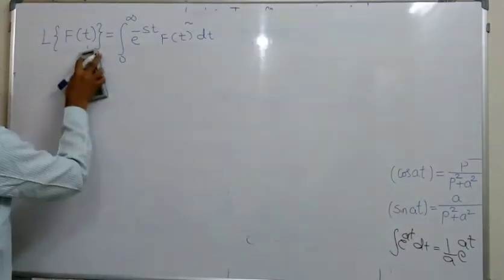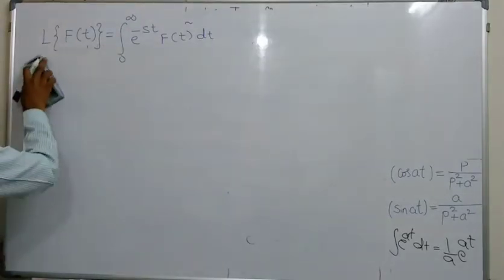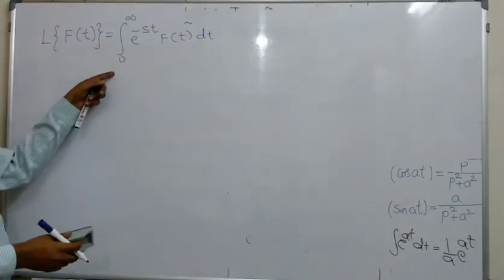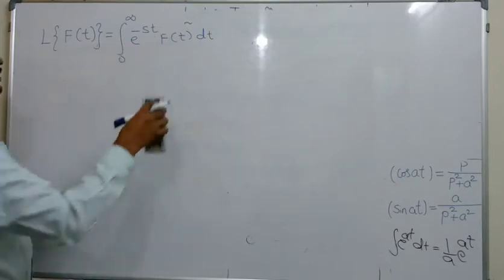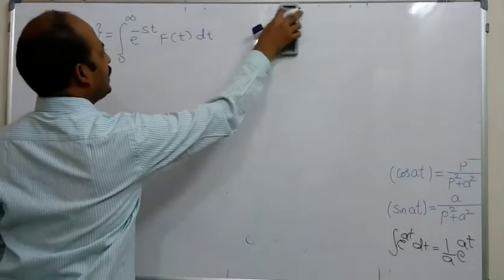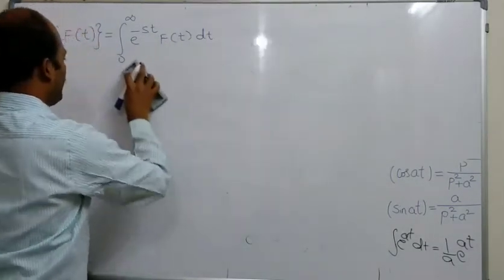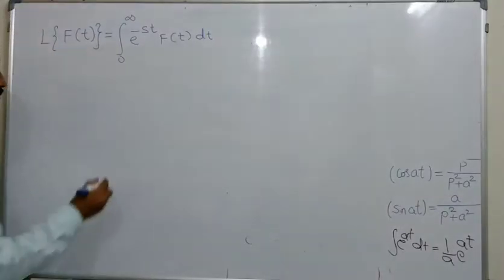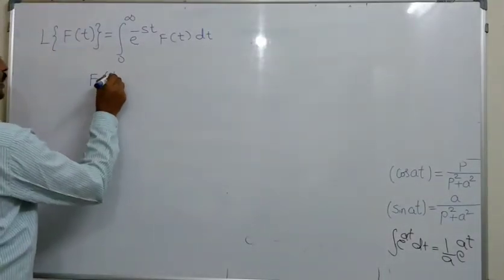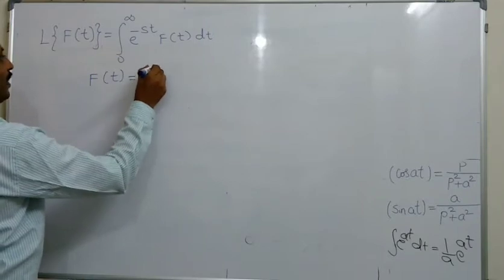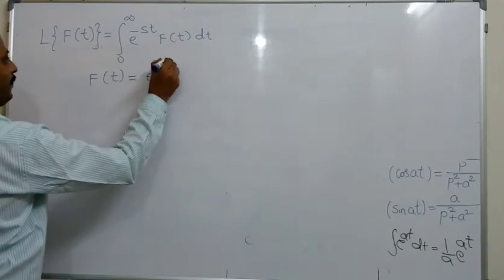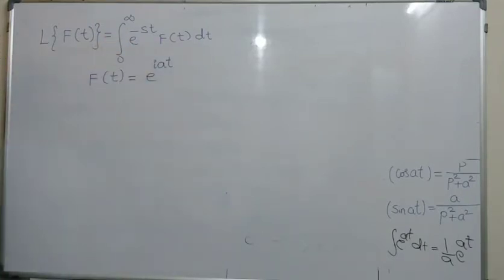By the definition of Laplace transforms, we know that L of f of t is equals to integral 0 to infinity e power minus st f of t dt. Put f of t is equals to e power i at.